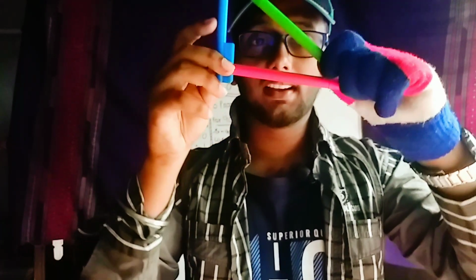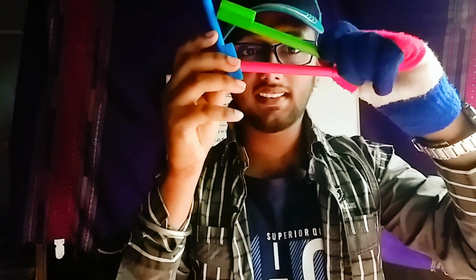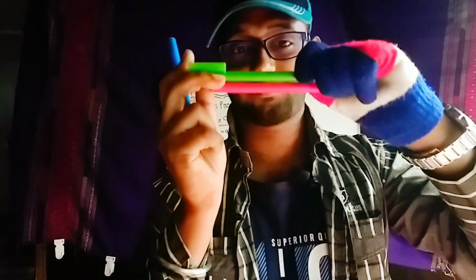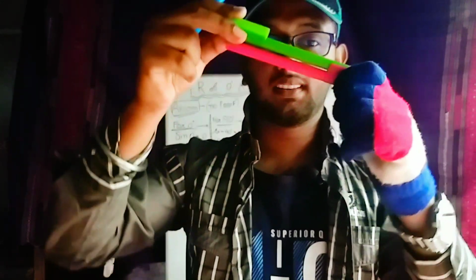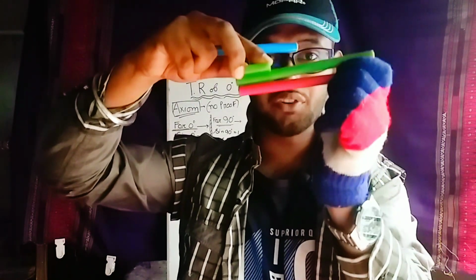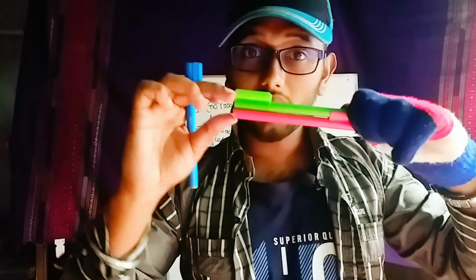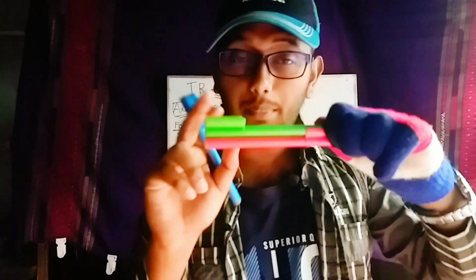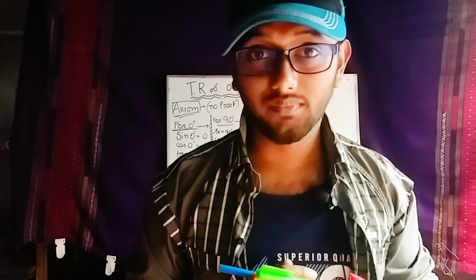That means the acute angle is decreasing and decreasing, and finally it became 0. In this case, the length of the perpendicular is 0, and the length of the base and the length of the hypotenuse are equal.